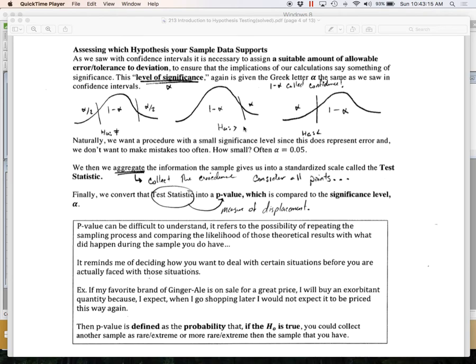Now we need to go from setting up our hypothesis into actually deciding which hypothesis appears to be supported. So we're going to have to collect all of the information, all of the sample, all of the evidence that we've heard into one value so that we can actually assess whether or not we think the null hypothesis appears to be supported.